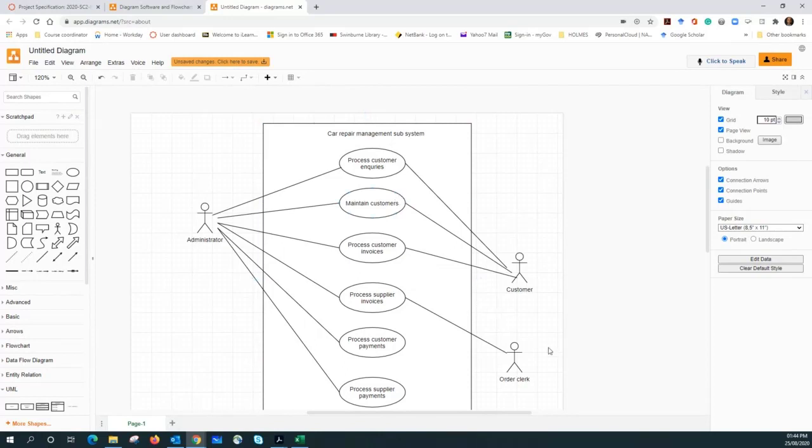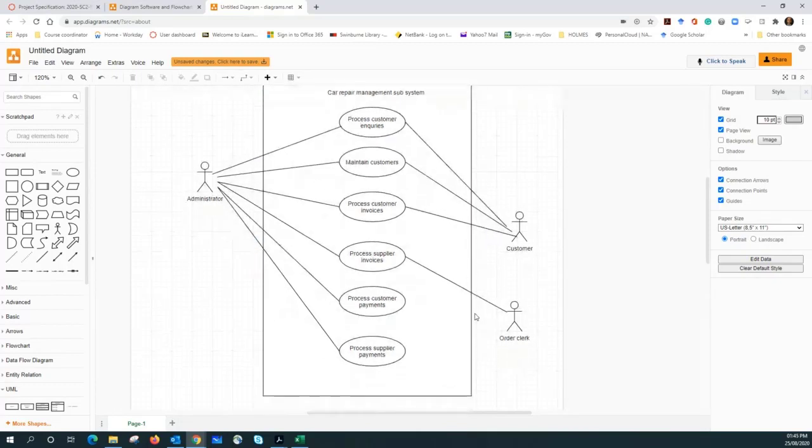So for example, let's think about something where we need a subroutine. Say process supplier invoices. In this case, we may need to access here.